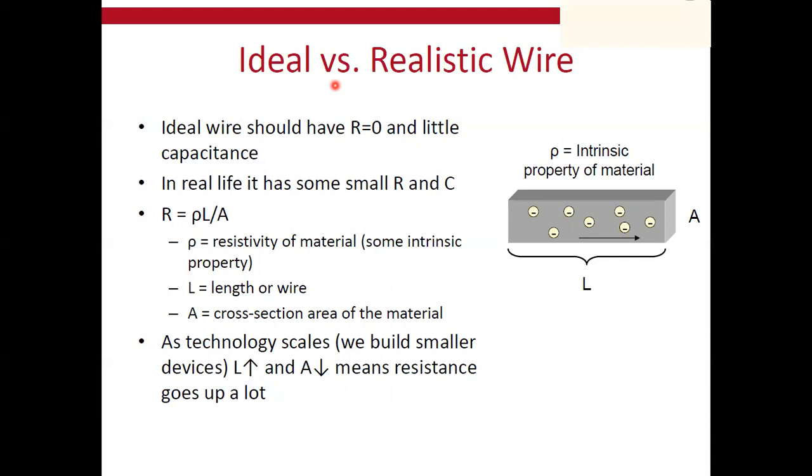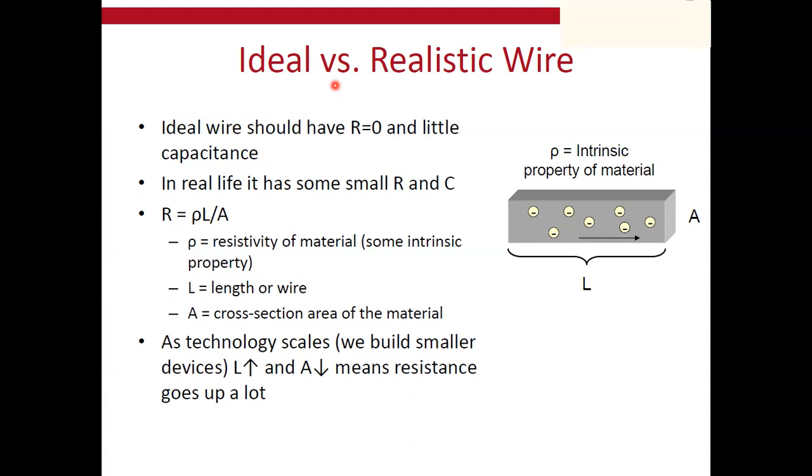But realistically, these wires have some sort of resistance, simply because it's a material which is, of course, not a superconductor. It's a real material with a given resistivity or conductivity. There is a length, and the higher the length, the higher the resistance. And there is the cross-sectional area, which is a very critical parameter here, because the lower the cross-sectional area, the higher the resistance.